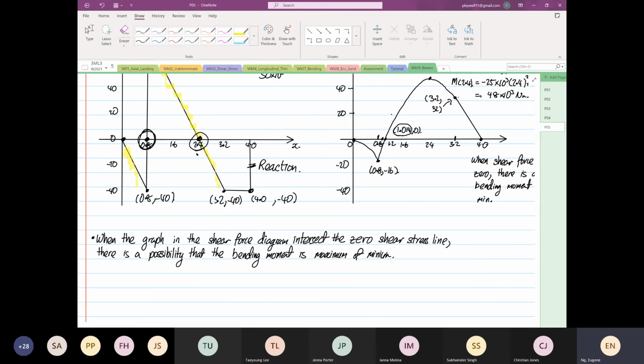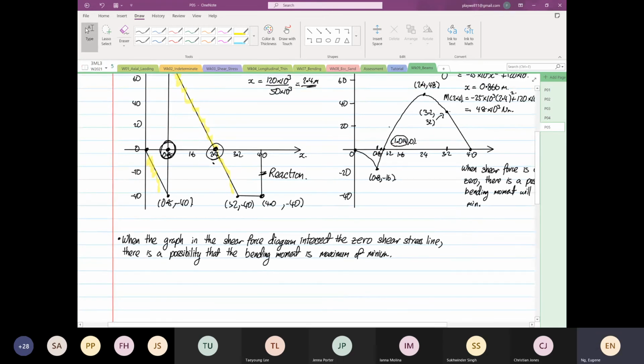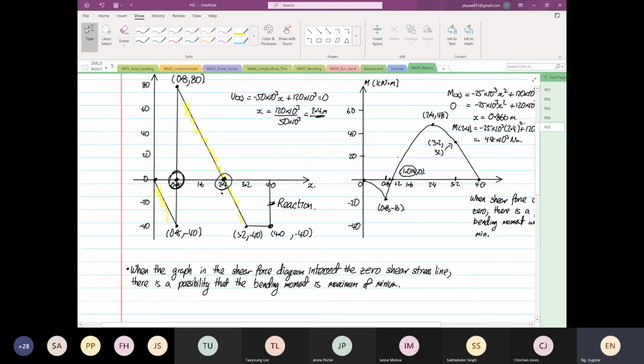So the next thing that we observe is this. Between A to C, this is A, B, and this is C, you realize that we have an evenly distributed load.